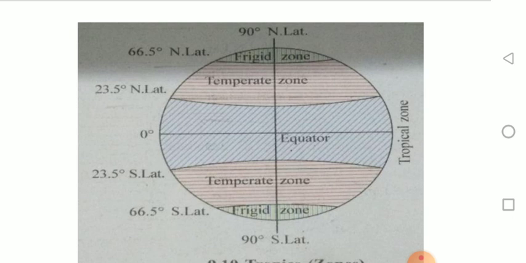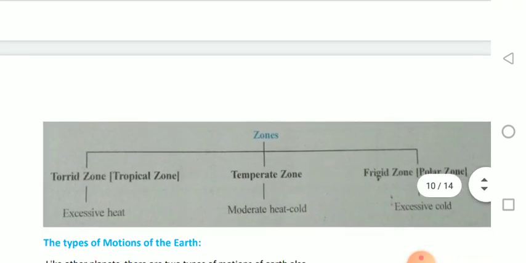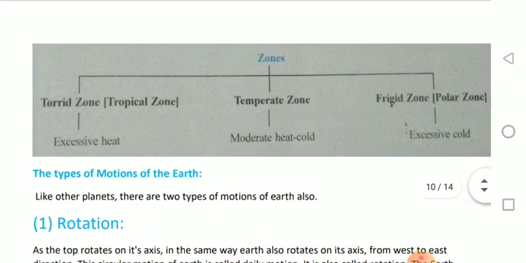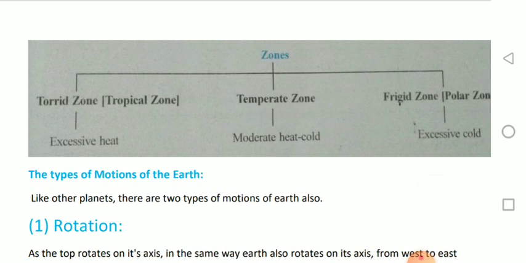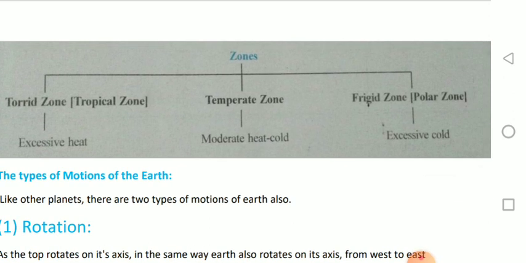Here the earth is divided into tropical zones. Now according to this picture, the torrid zone and tropical zone have excessive heat, and the temperate zone has moderate heat and cold, and the freeze zone is called the polar zone, with excessive cold.